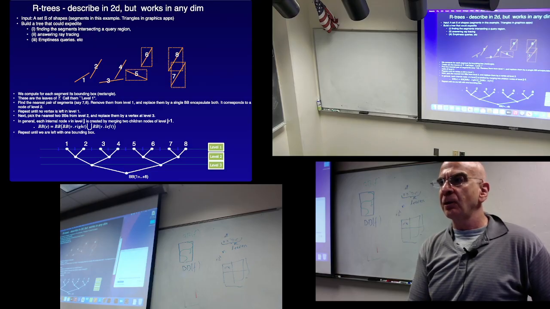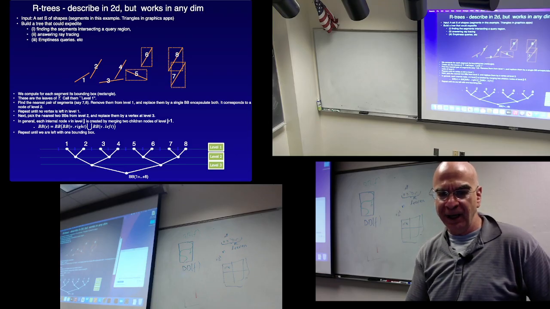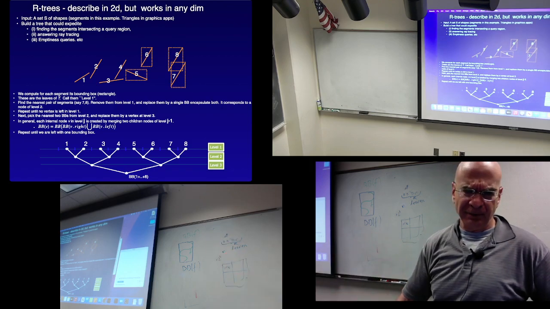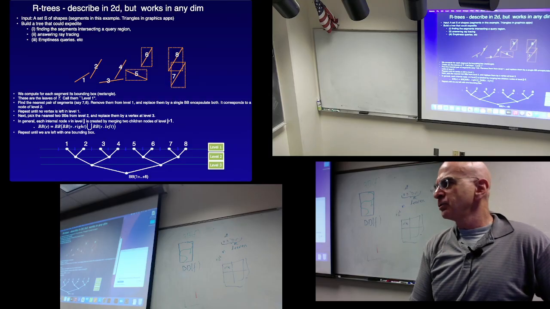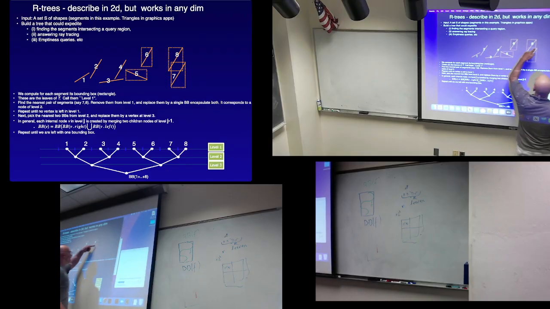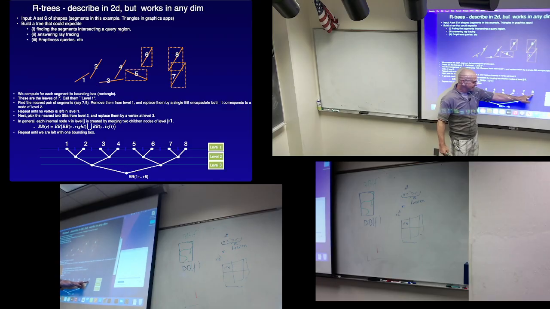And I'm going to describe the tree bottom-up, except that my tree has a root down, so I'm going to build it from the leaves toward the root. So to start with, I put every segment, I pick its bounding box, and with the leaf, I keep the bounding box of the leaf.